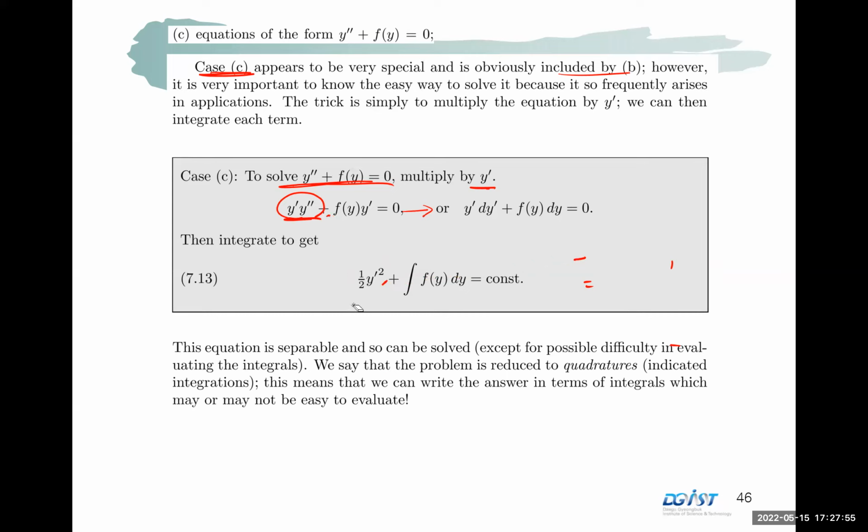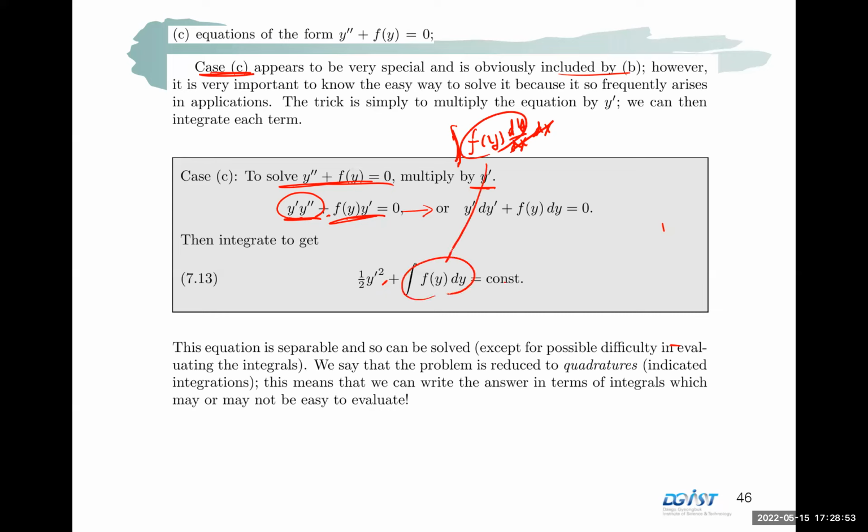And y prime means dy/dx, so if we take the integral with respect to x, this is nothing else but this one.